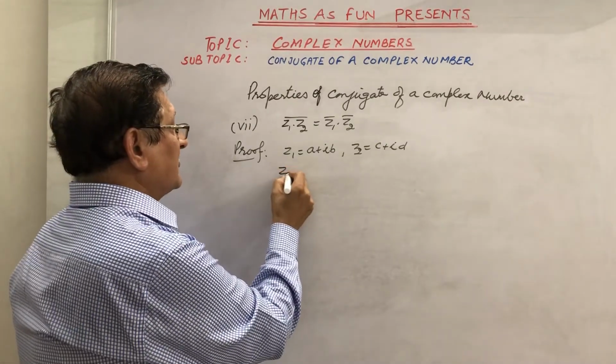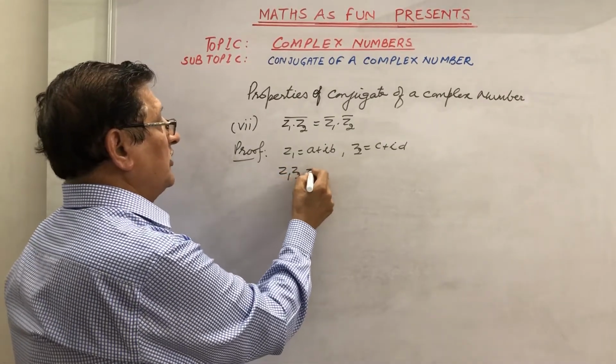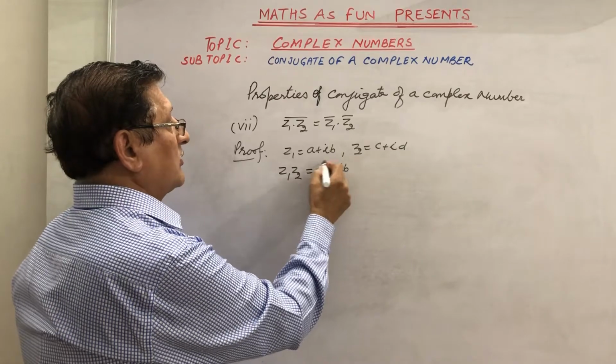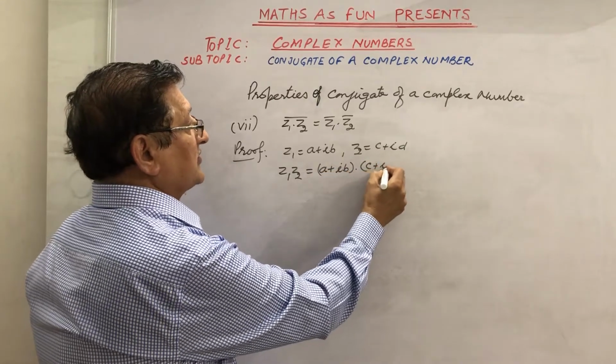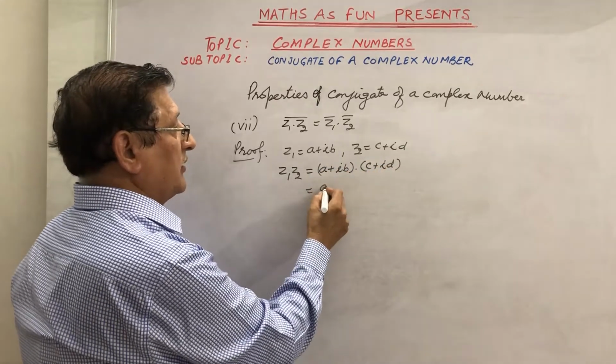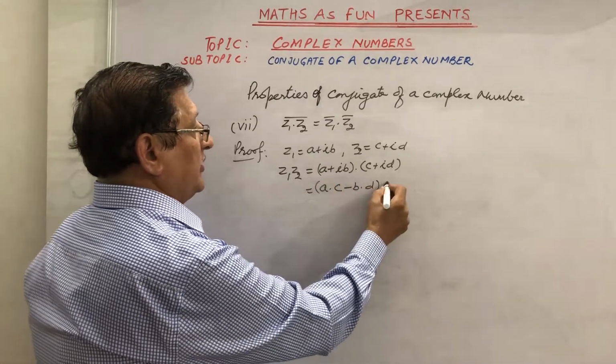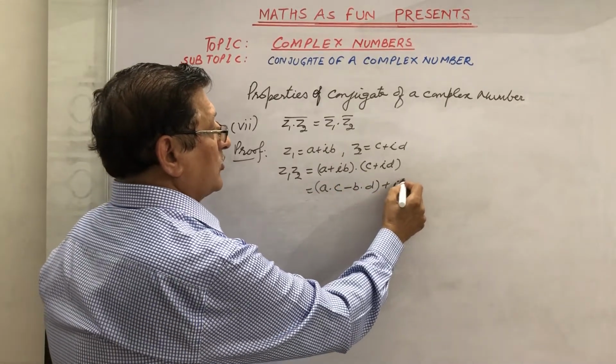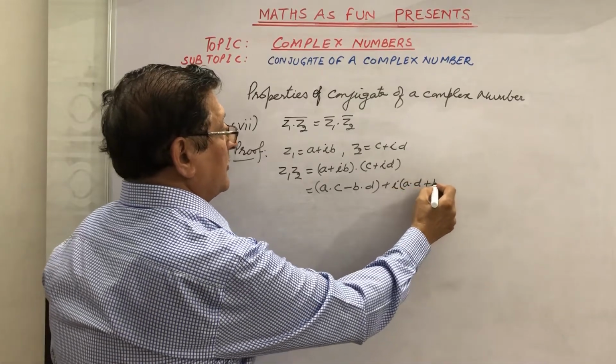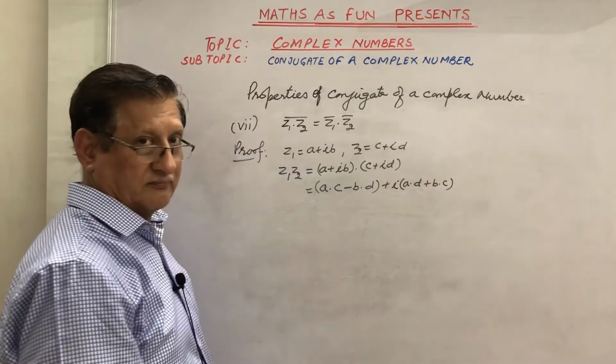Then z1 into z2 is equal to (a plus ib) into (c plus id), and we know how to multiply. There will be ac minus bd plus i(ad plus bc).